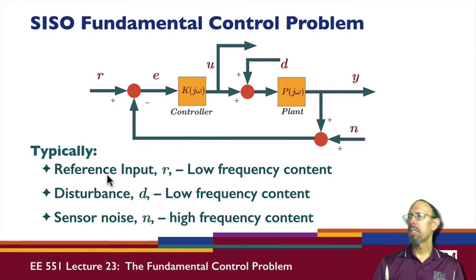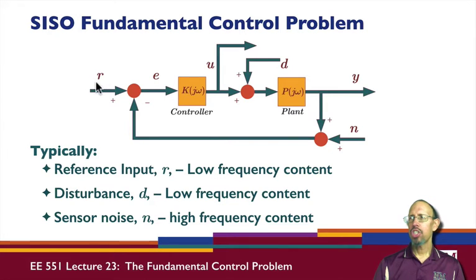It's very common for the reference input to have fairly low frequency content. In other words, we don't expect our system to jump through hoops quickly. R is the signal that says this is how we want you to behave, and we don't make R high frequency content, that is, changing quickly.